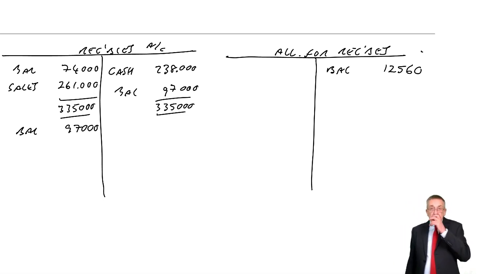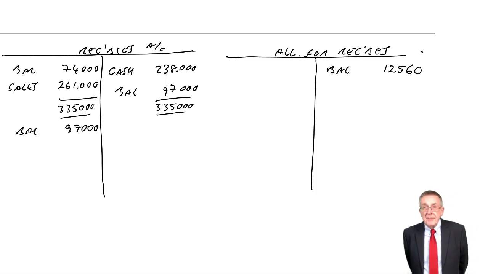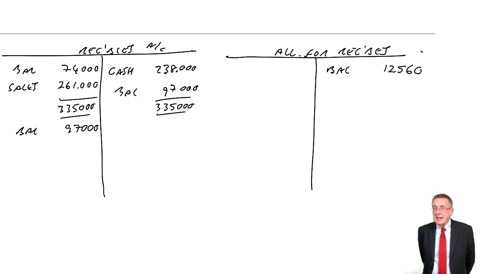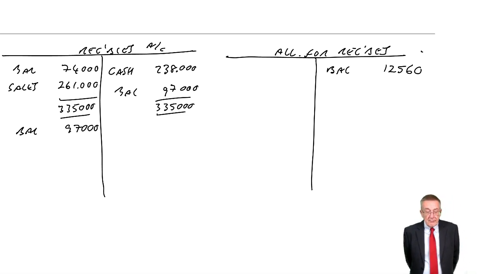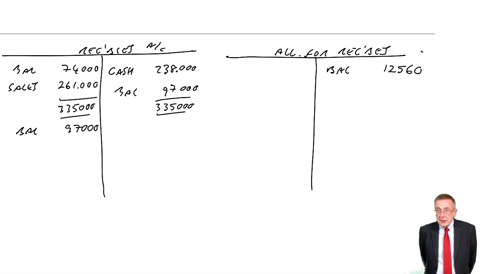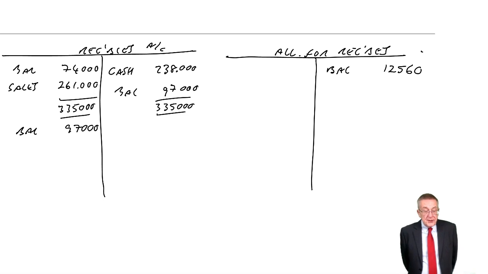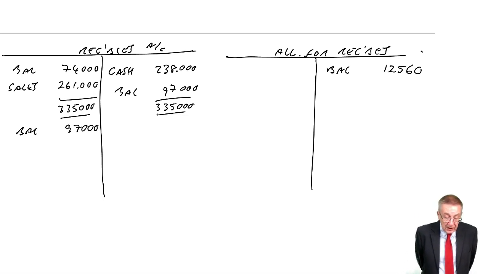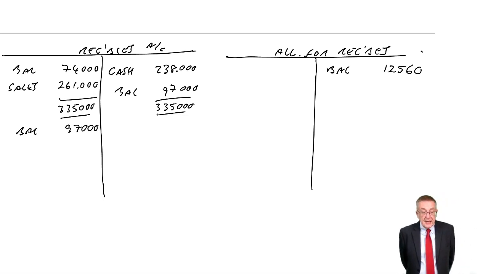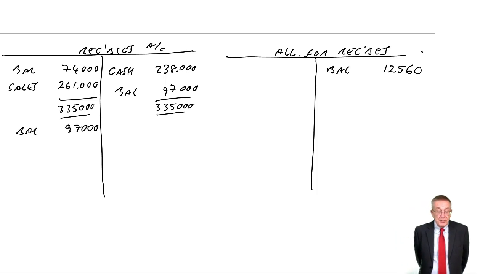However, before we go through all of those, there's a little note at the bottom. There's a problem. Something funny's happened here. I said there's a lot involved in this question, but you could be tested on this a little bit. The amount received from Paul is included in the total cash receipts for the year of 238.